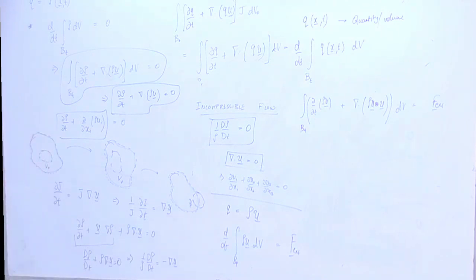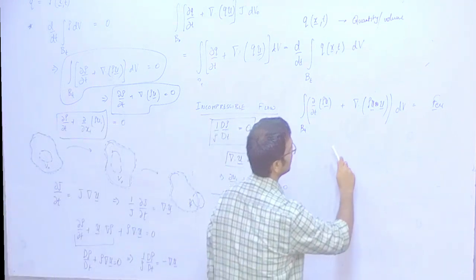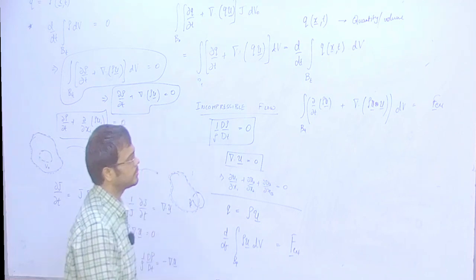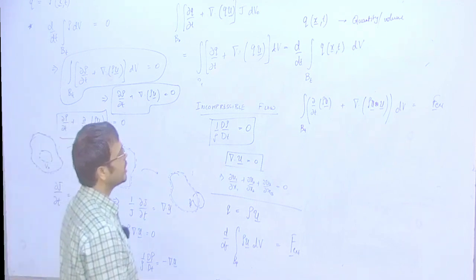So rho u tensor product u. So that is what we have for the momentum equation.